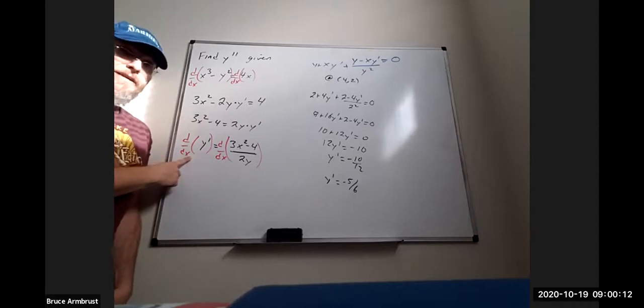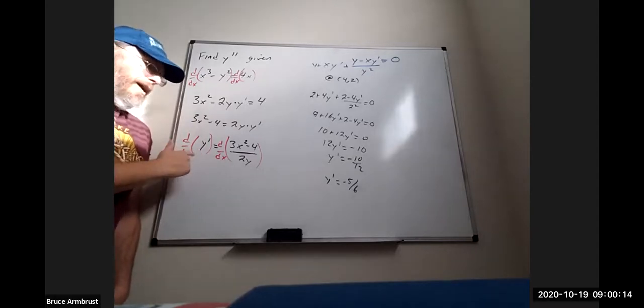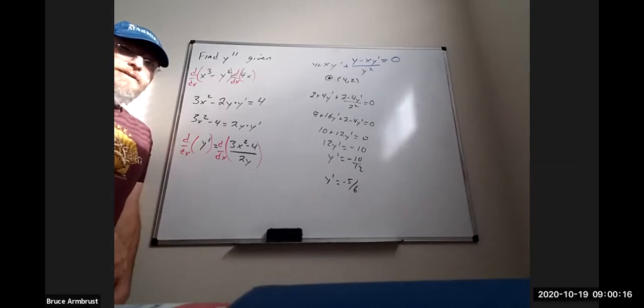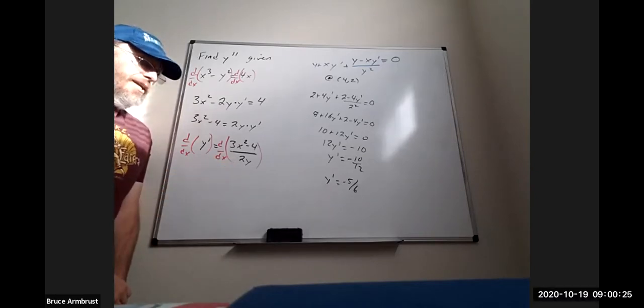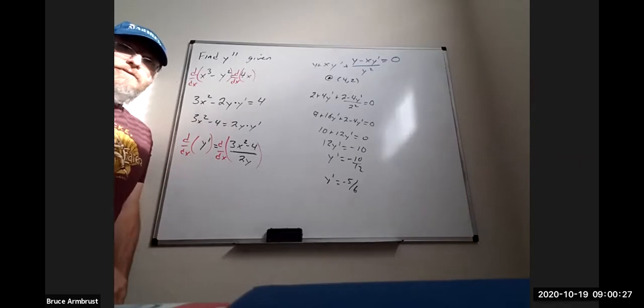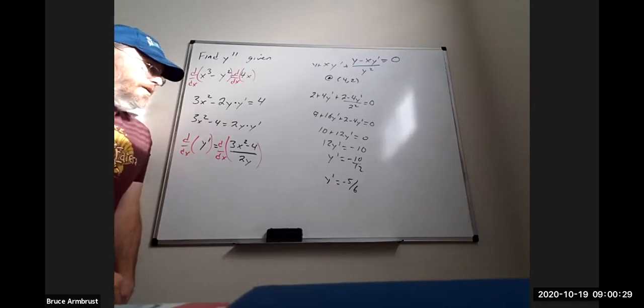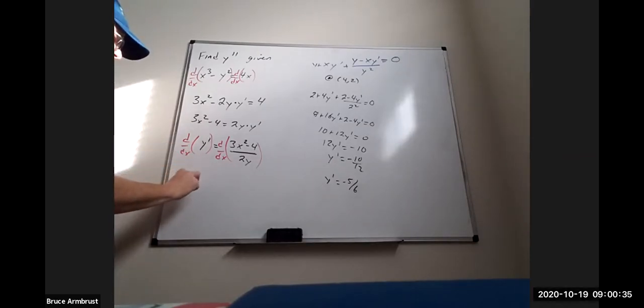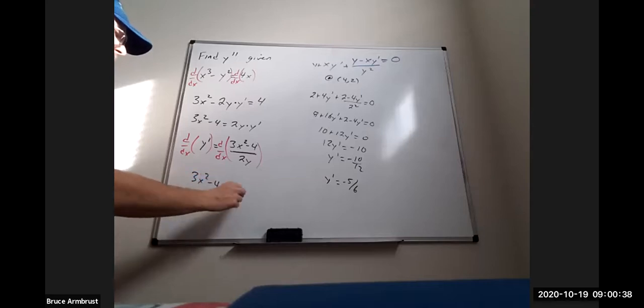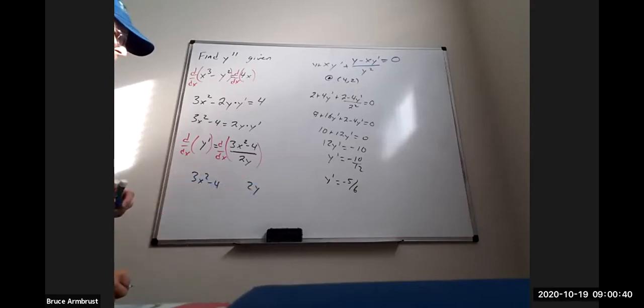All right, so check out what happens now. On the left, differentiating y prime, well, it gives me y double prime. Gives me exactly what I wanted. Then on the other side, this is another place where we're going to have to use quotient rule. So let's get the quotient rule set up here. On top, we've got 3x squared minus 4. On the bottom, we've got 2y.